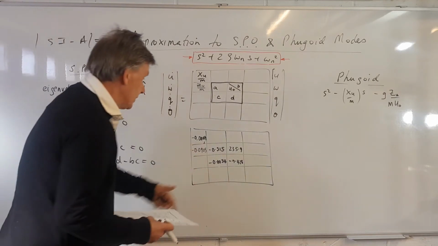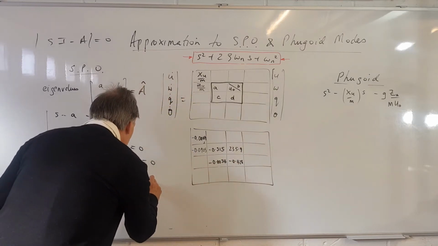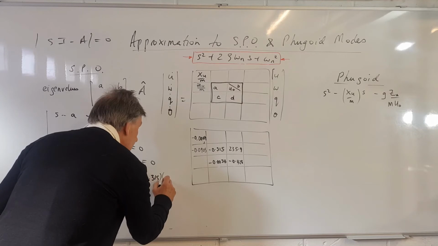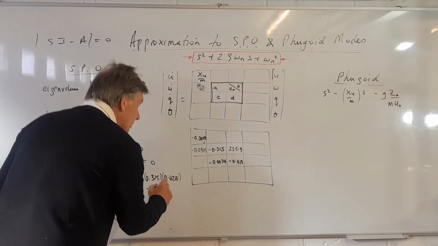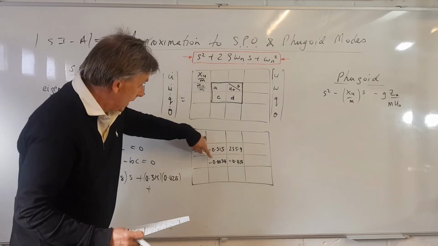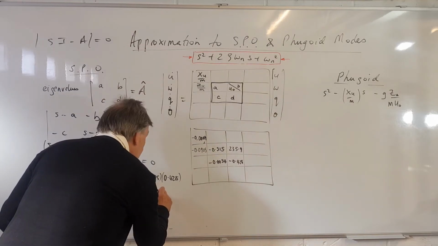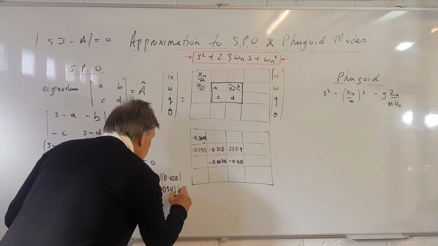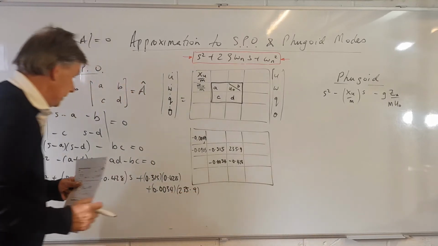The minus times minus is a plus, so it's 0.315 times 0.428, plus, since that minus sign becomes a plus again, 0.0034 times 235.9.